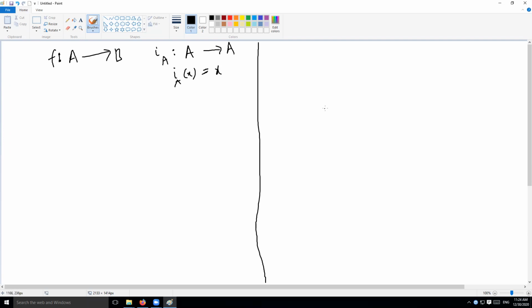So if f is a function from A to B and the identity function is from A to A, which function is going to make sense: identity composition f, or f composition identity of A?